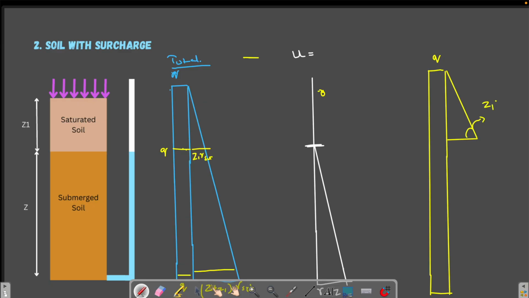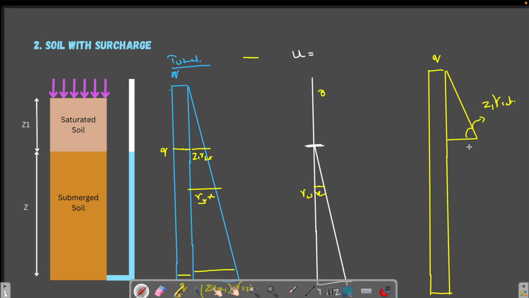Now from here, at each level we are subtracting gamma W into X. This is gamma saturated into X, I'm sorry. So we are subtracting gamma W into X, and this results in gamma submerged. The slope of this line gets reduced a little bit.